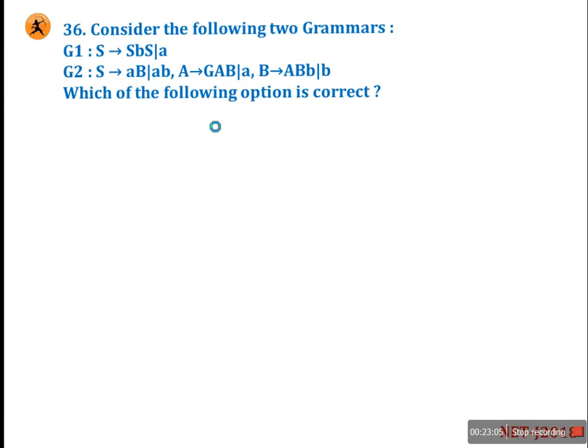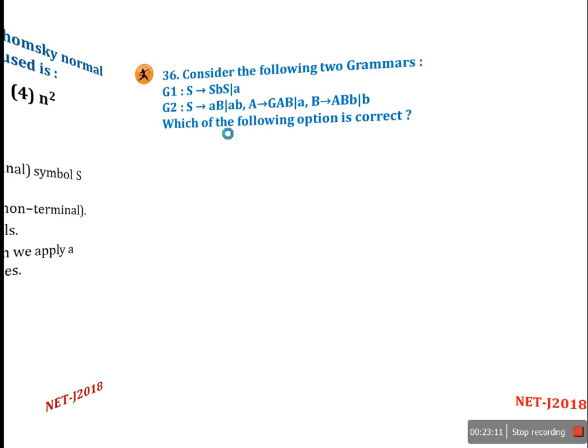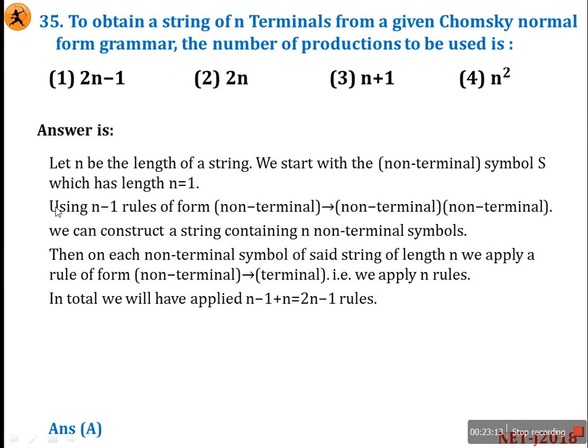So you look at here, this is the starting symbol, this is a non-terminal symbol, and a, b are the terminal symbols. Here using n-1 rules, non-terminal to non-terminal, so total n-1 non-terminal rules we are using. We can construct a string containing n non-terminal symbols. Then on each non-terminal symbol of said string of length n, we apply a rule from non-terminal to terminal.